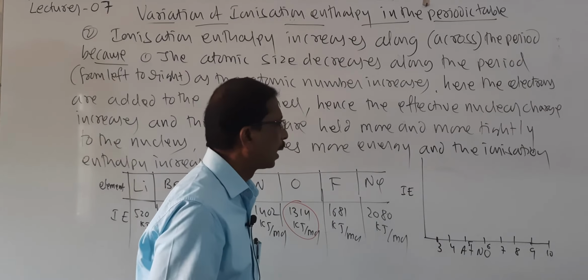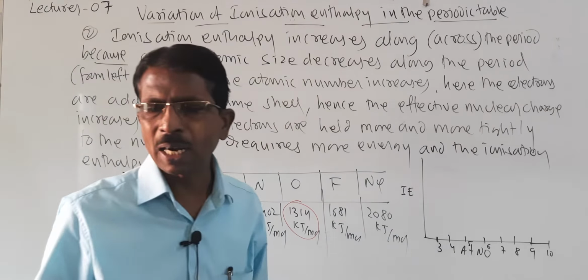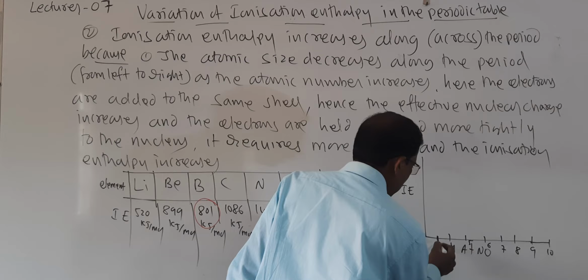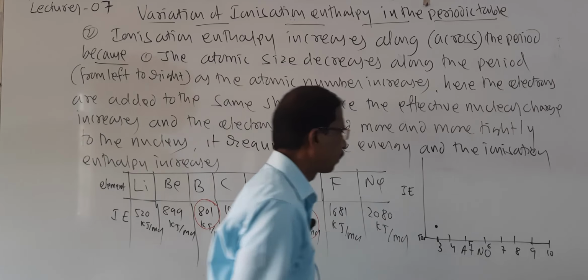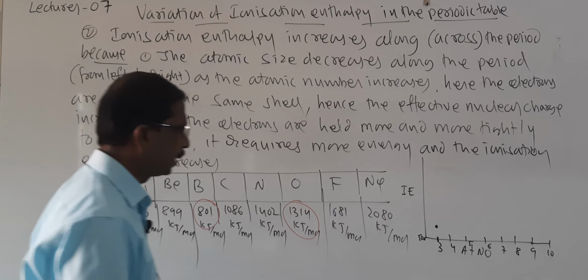If you start here from 500, lithium is 520, so you will get here 520. And then the next one, beryllium, 899.